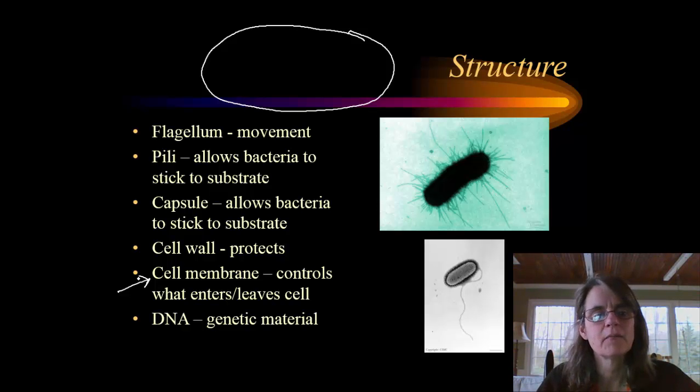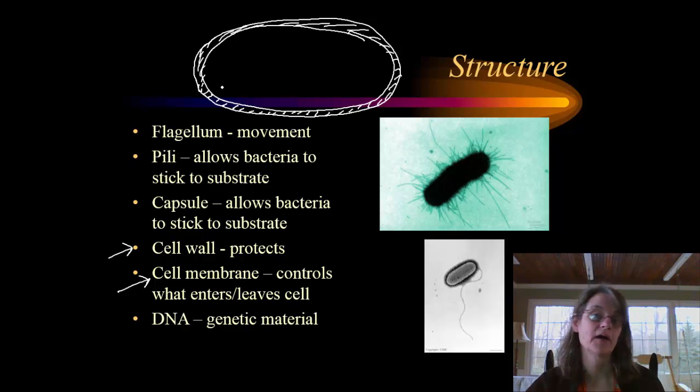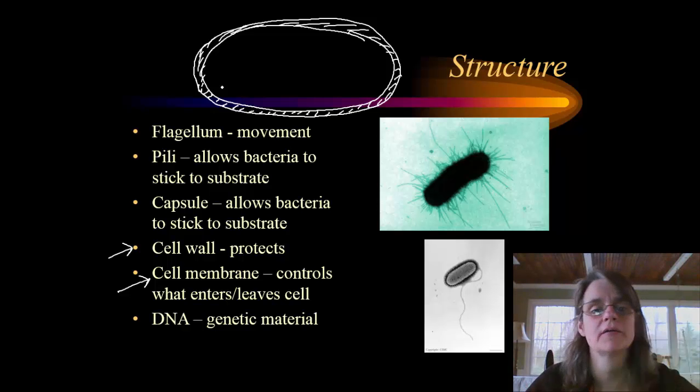Now, around the cell membrane is always in bacteria a cell wall. So I'm going to draw a cell wall next around that bacteria. So cell wall, and we know from our notes about the kingdoms the other day that the cell wall is always made of something called peptidoglycan.